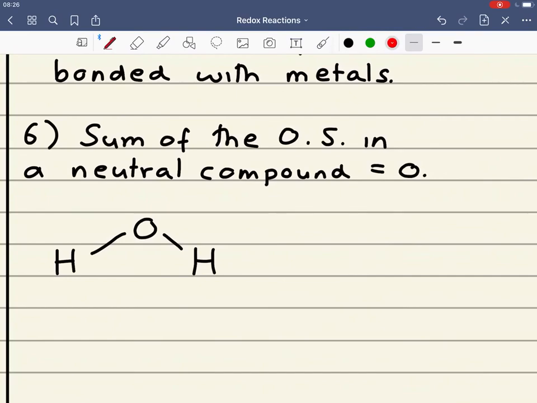Now we know from rule 4 the oxidation state of oxygen is -2, and from rule 5 the oxidation state of hydrogen is +1. Well, we've got 2 times +1 plus -2 from the oxygen, and that has to then equal 0. So the sum of the oxidation states in a neutral compound must equal 0.